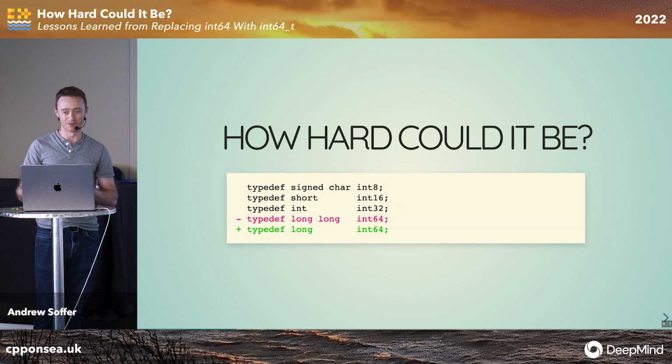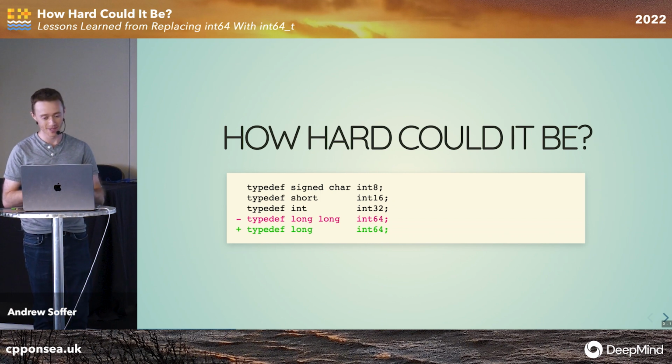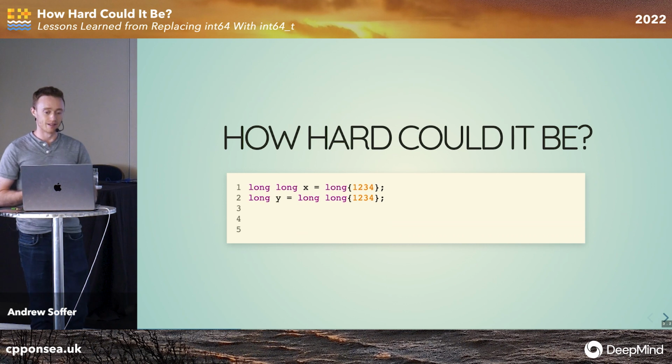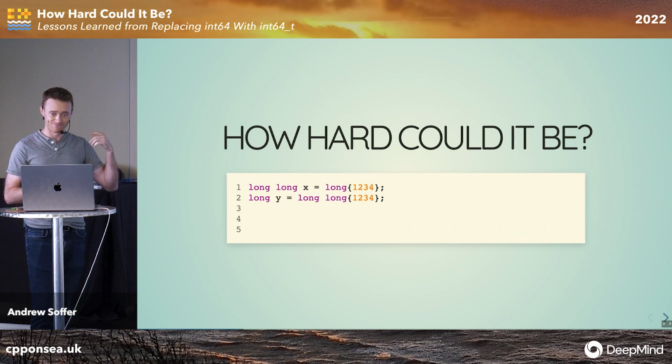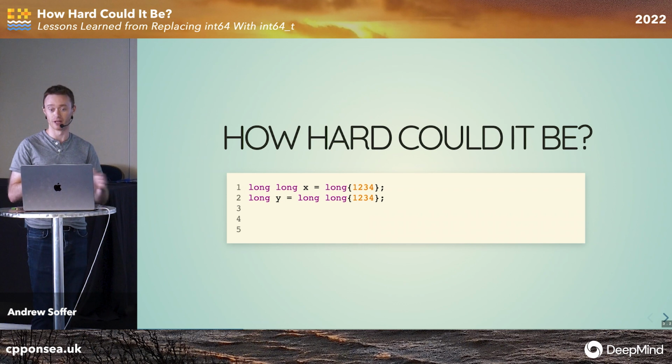Before we dig into all of the things that actually make this difficult, I want to put you in the mindset that I was in when I asked that question. So I'm going to tell you all the reasons why this is actually very easy, right? For starters, these types are interconvertible. They're implicitly interconvertible. They represent the same range of values, so we're not going to have weird data loss issues or narrowing or anything like that.